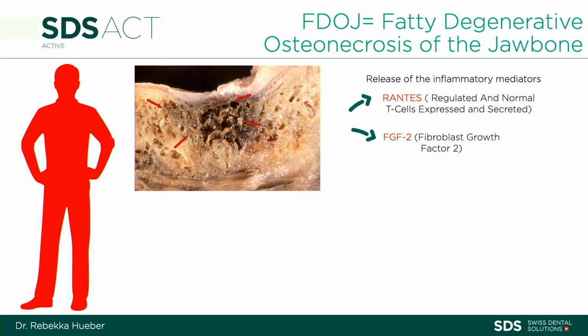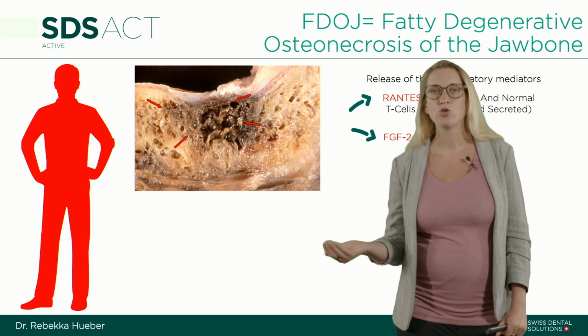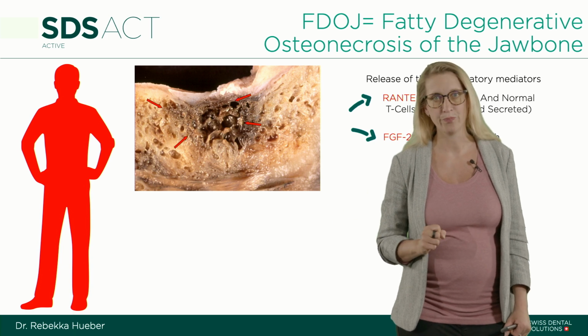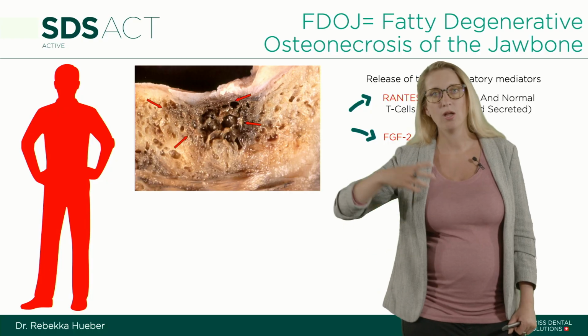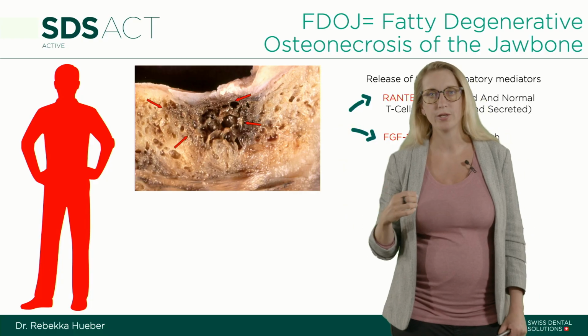And what does RANTES do? It is a normal cytokine that everybody has in the body, and it goes up if you have a wound, an open wound, for example. It is a chemotactic mediator, so it triggers the immune system to bring lymphocytes and granulocytes to heal this wound. Once the wound is healed, it goes down again. So it is a marker for a wound, for a chronic wound.